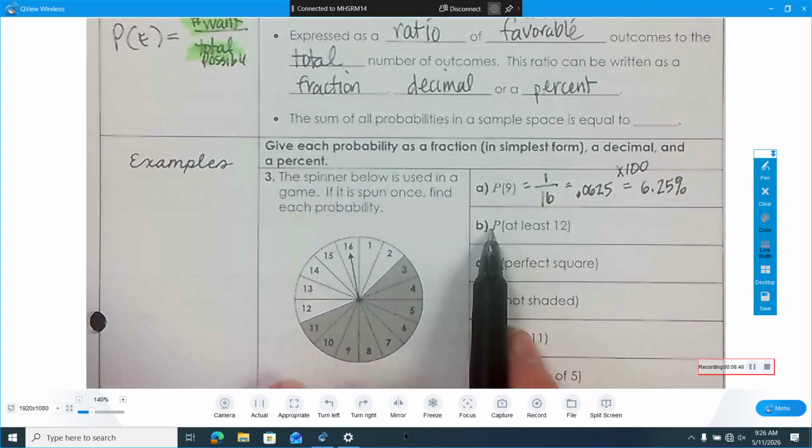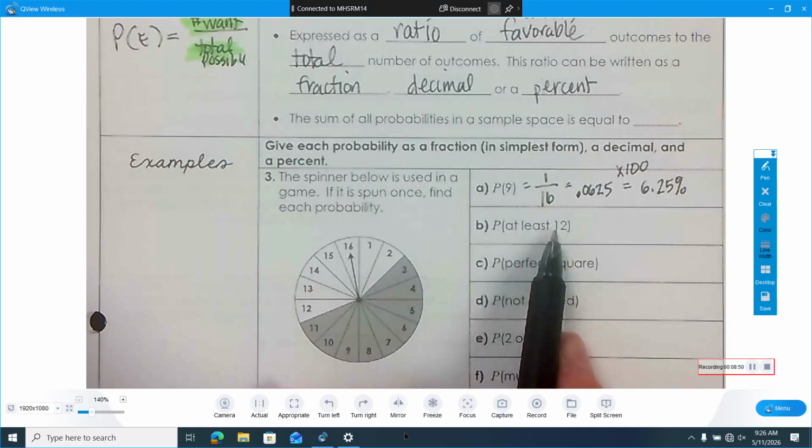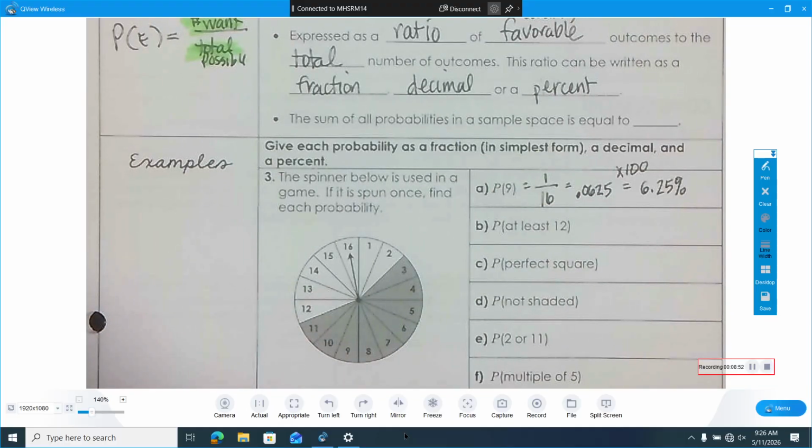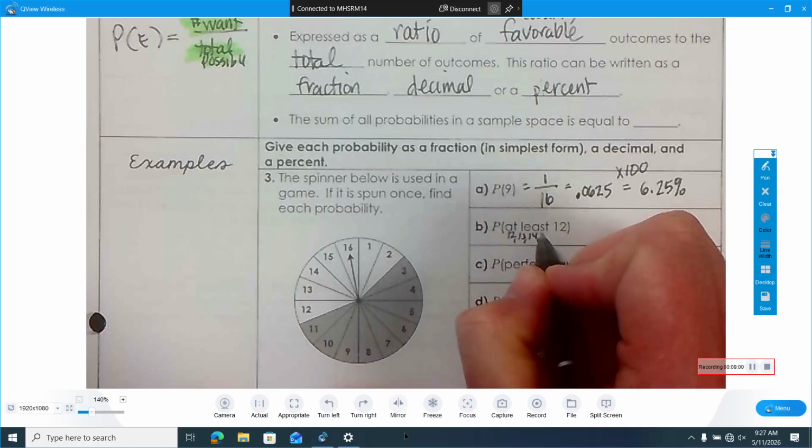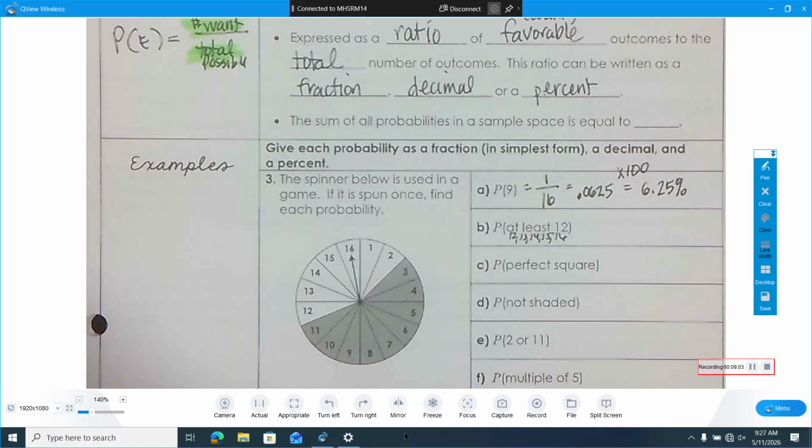All right. This says, what's the probability of getting at least a 12? What does that mean to get at least 12? What would be a good outcome? 12, 13, 14, 15, and 16 would all be favorable outcomes. To get at least 12, then 12 through 16 would work. How many favorable things is that?